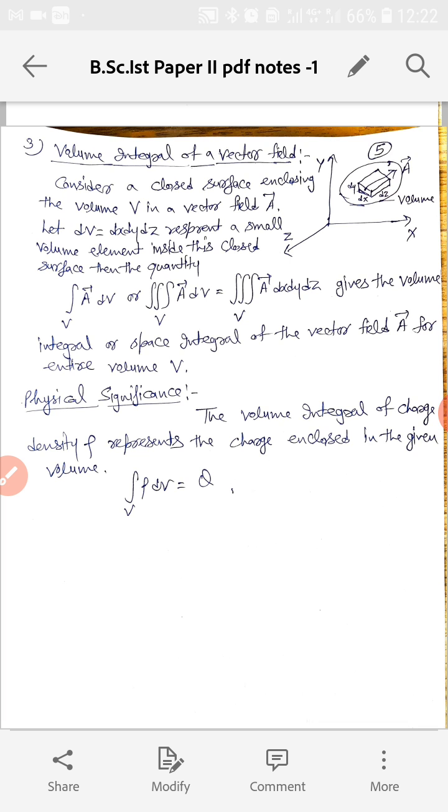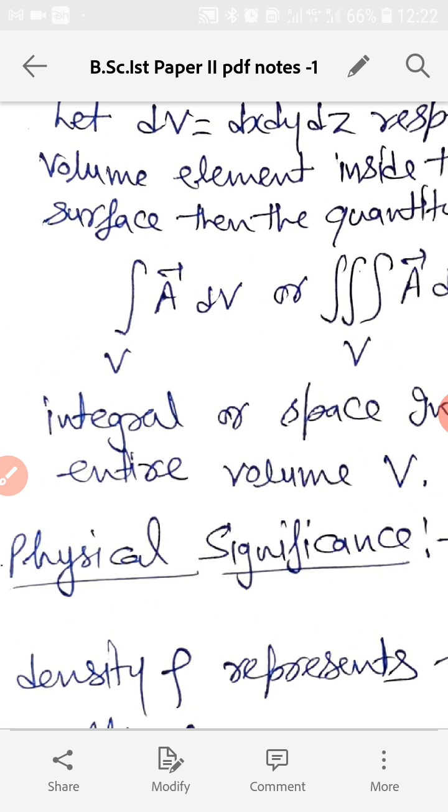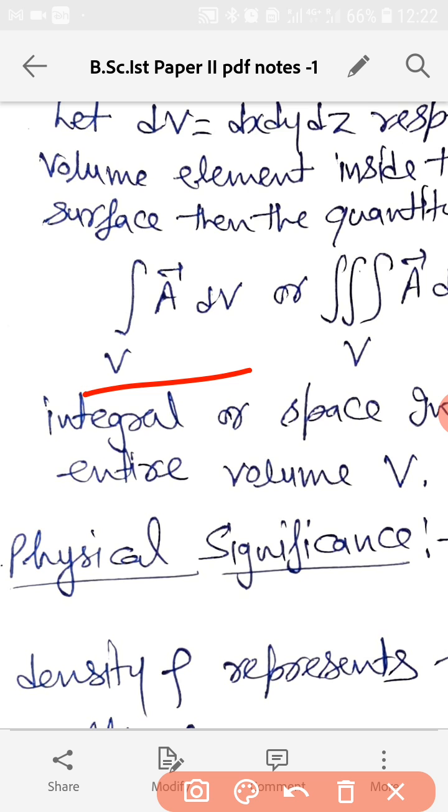In general, we just write the volume integral like this.